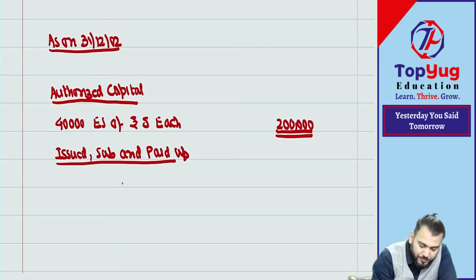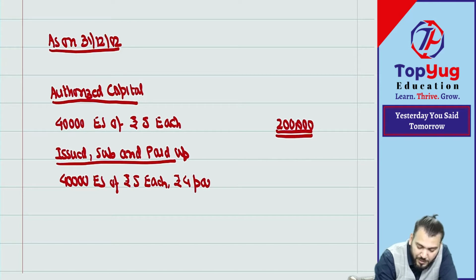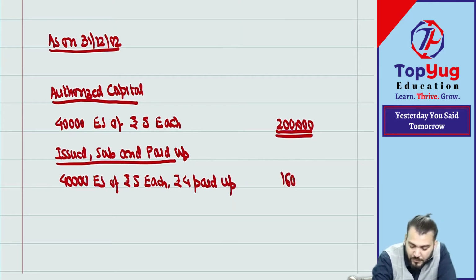This will be what? 40,000 equity shares of rupees 5 each. Rupees 4 paid up. So this will be 1 lakh 60,000. Total is equal to 1 lakh 60,000. Done.